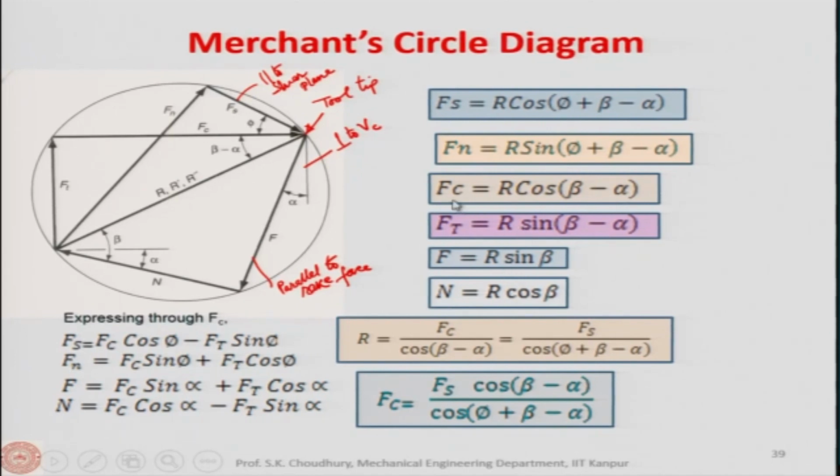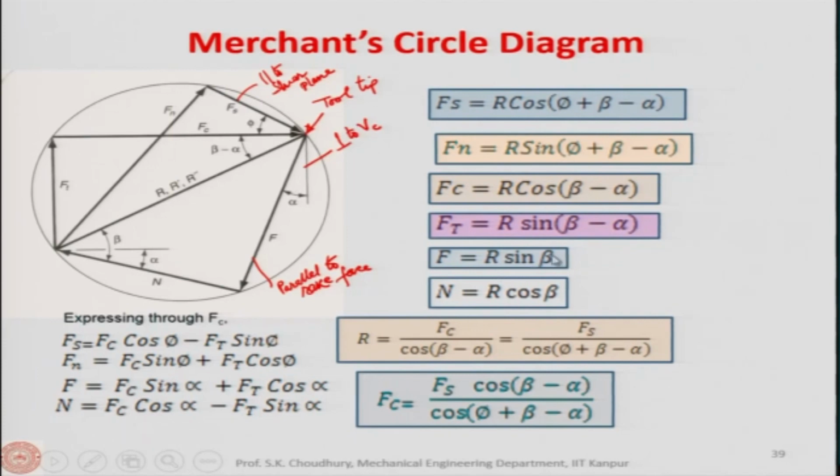Similarly, for Fn, normal to shear force, it will be Fc sin phi plus Ft cos phi. So, Fs and Fn we can convert through Fc and Ft. Similarly, F and N, which are R sin beta and R cos beta, we can also express through Fc and Ft.